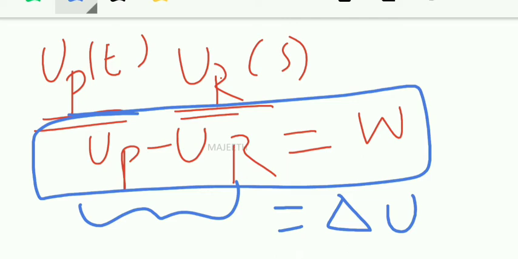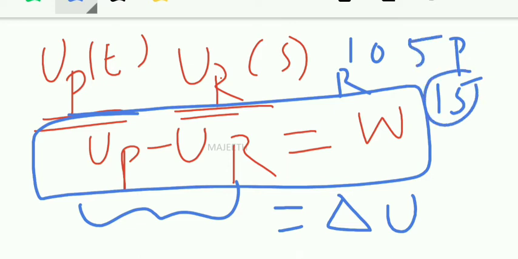Suppose the potential energy at R is 10 and at P is 15. What is the change in potential energy? It is 5, because UP is 15 and UR is 10. So del U is nothing but the change, and here the change is 5.